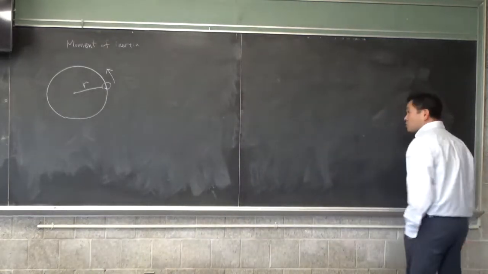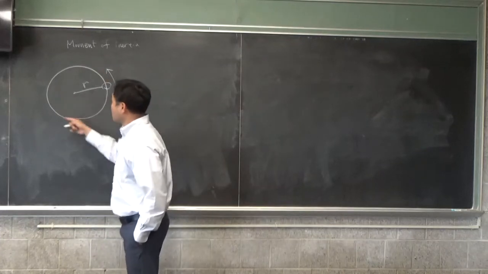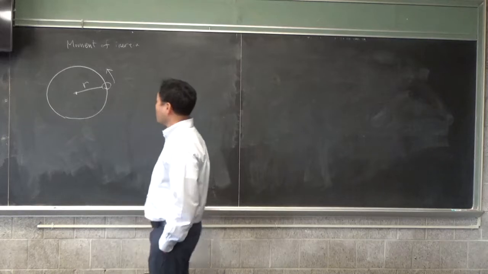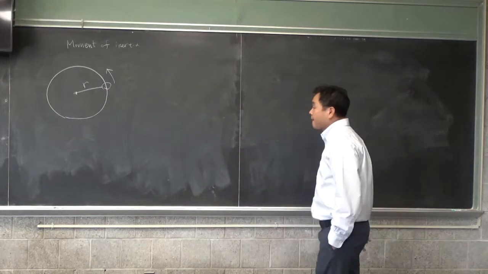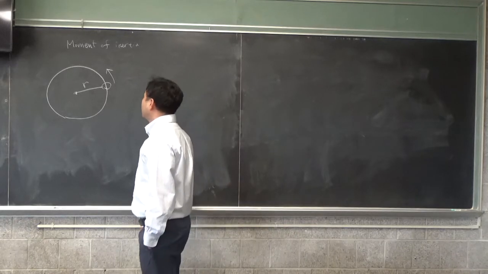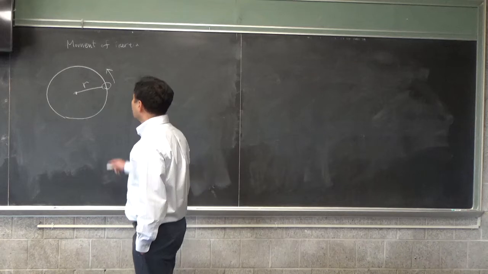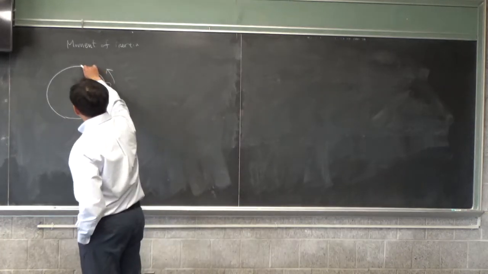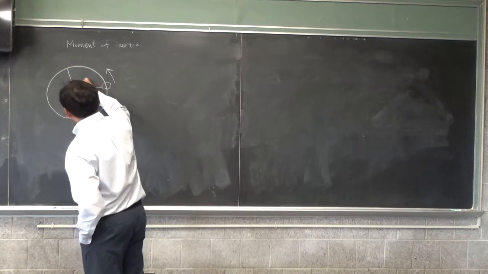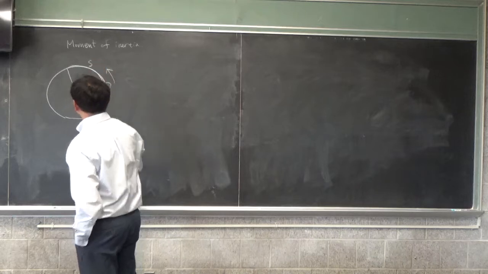So imagine a particle rotating on a circle of radius r. Then let's think about the central angle theta and this arc length s.